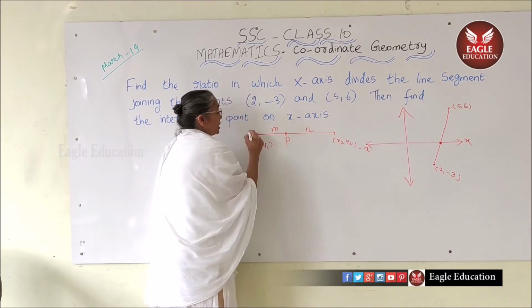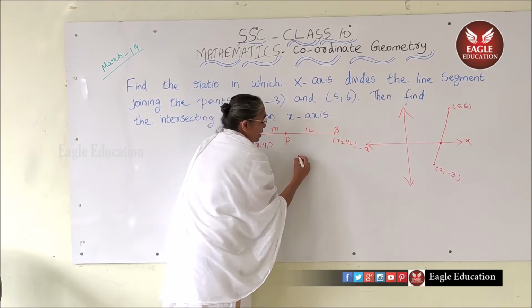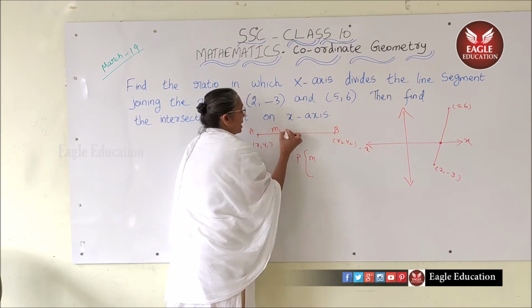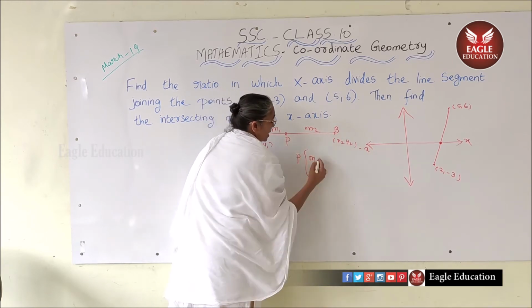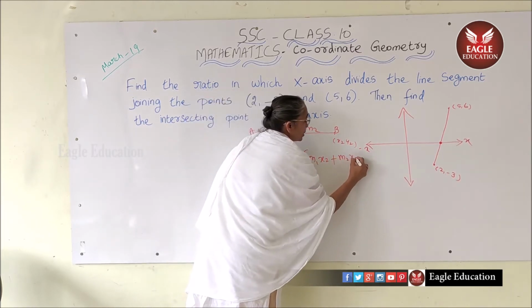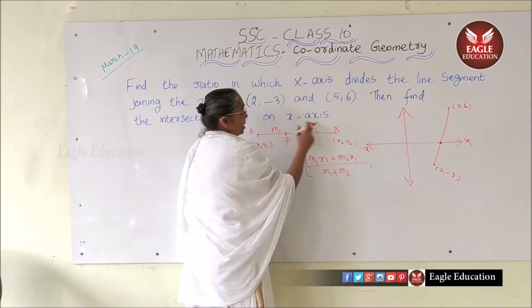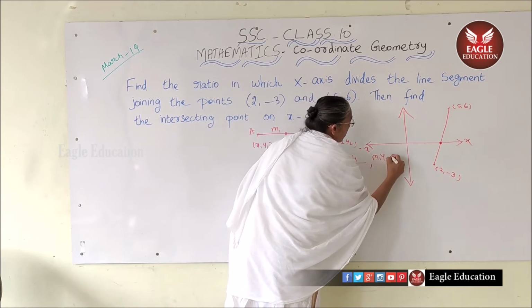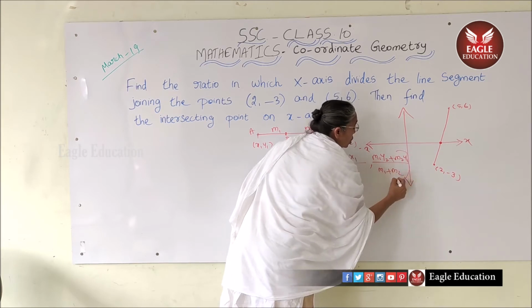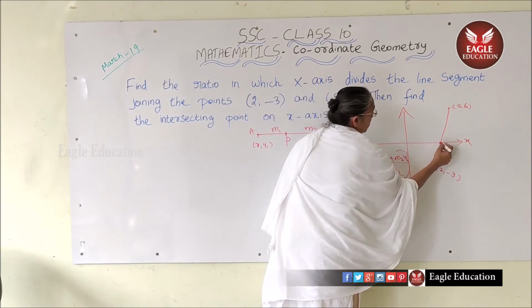So suppose this point is P, this is A, this is B. Then P divides AB in the ratio m1 is to m2, and the coordinates of P are given by (m1 x2 plus m2 x1) divided by (m1 plus m2), and (m1 y2 plus m2 y1) divided by (m1 plus m2). So using this formula, we are going to find the coordinates of this point.